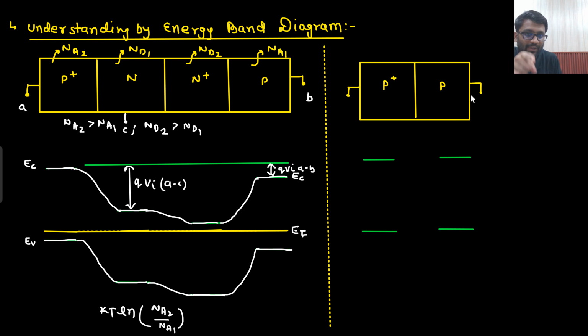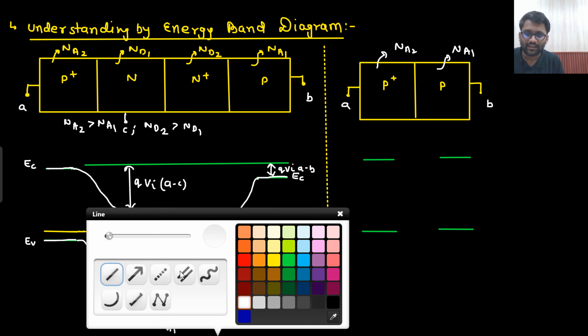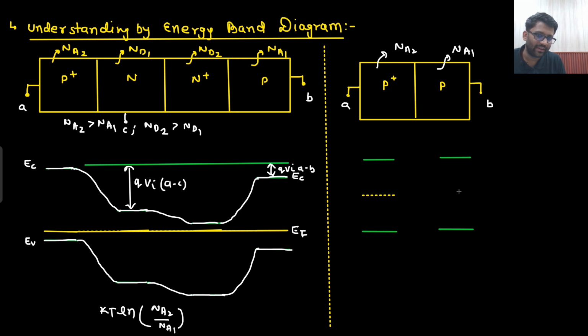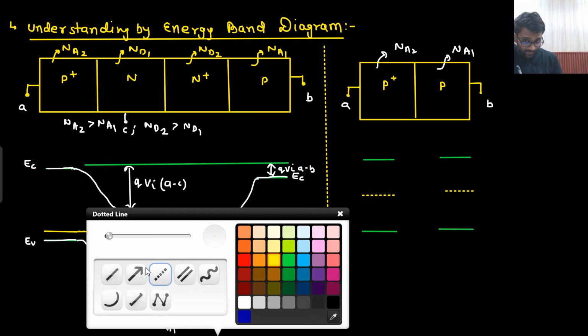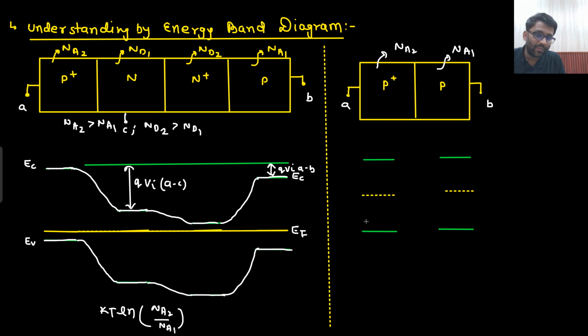And you can check as well, if P plus and P junction was there, nothing was there in between, then what would have been the scenario? Let's check that again. Okay, this is your A, this is your B. So where will be your intrinsic level? Intrinsic level will be somewhere in between. This would be my EFI, this would be my EFI. Where will be my Fermi level?